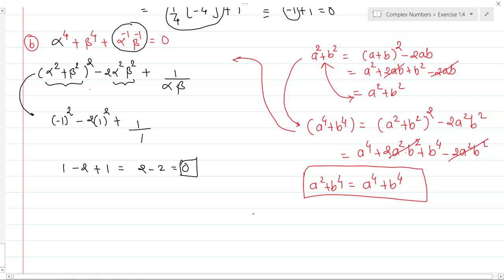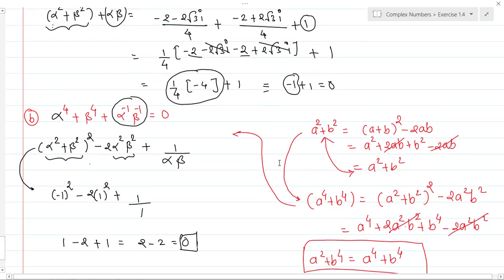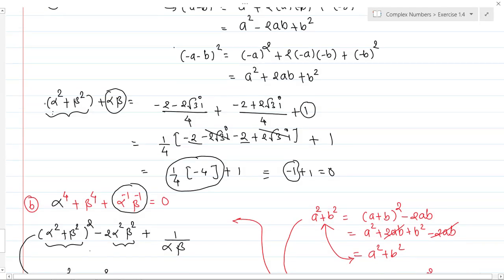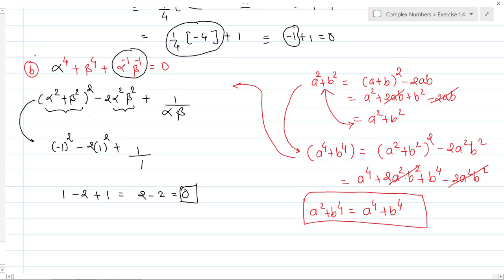Okay. The only thing required in this is that we have taken the help of the previous part. Whatever calculations we did in the first question, we have used in the second part, that is in B. Please make sure that you understand these types of expansions. Alpha square plus beta square is what? (a plus b) whole square minus 2ab.